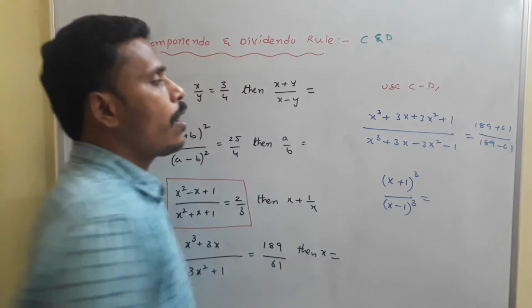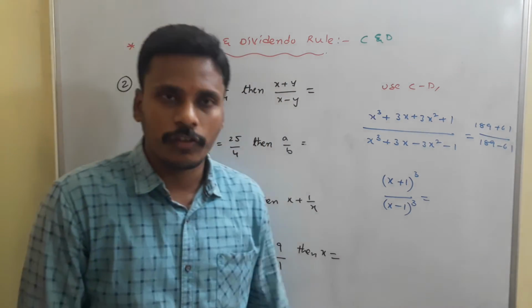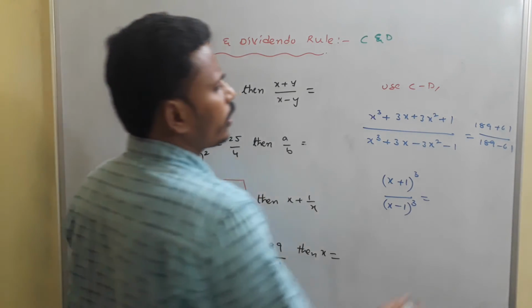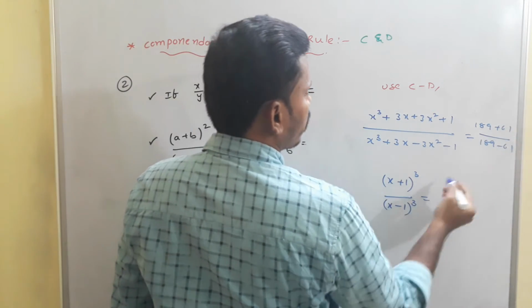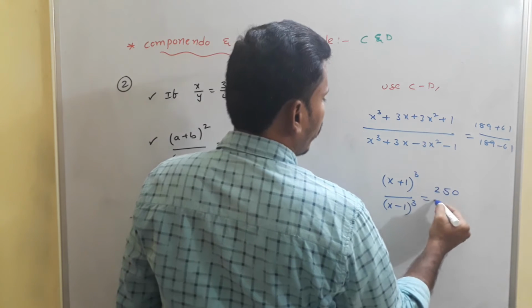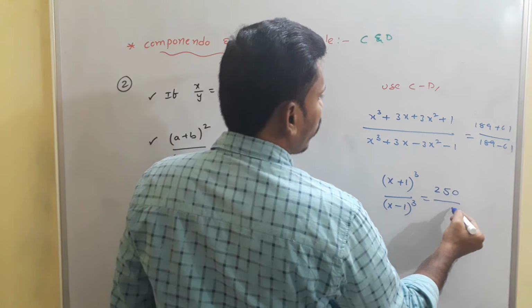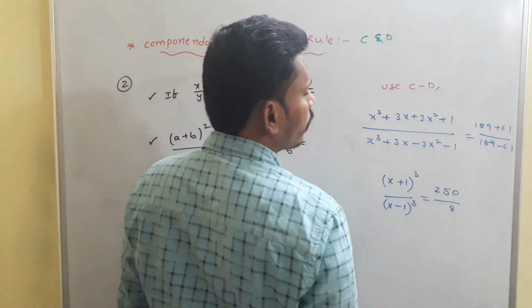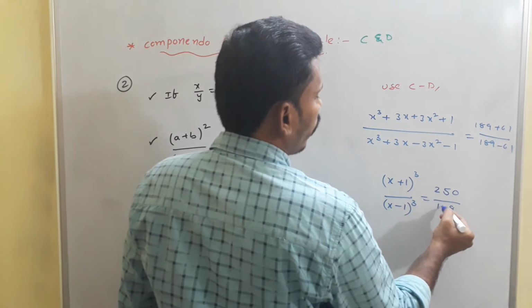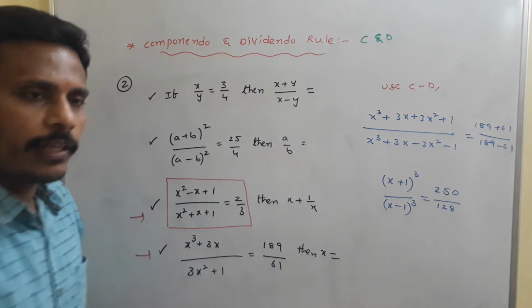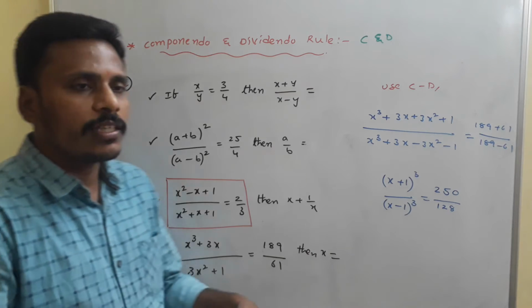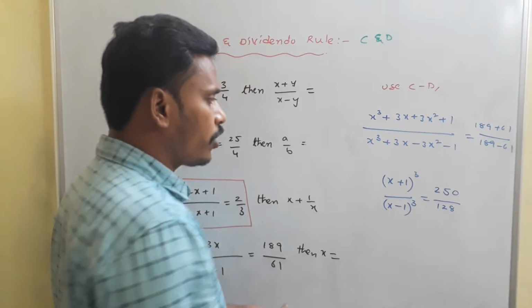And that side, 189 plus 61, I think 190 plus 60, which is 250, divided by 189 minus 61, which is 128. So 250 by 128. See, you just go with this simple cross cancellation.